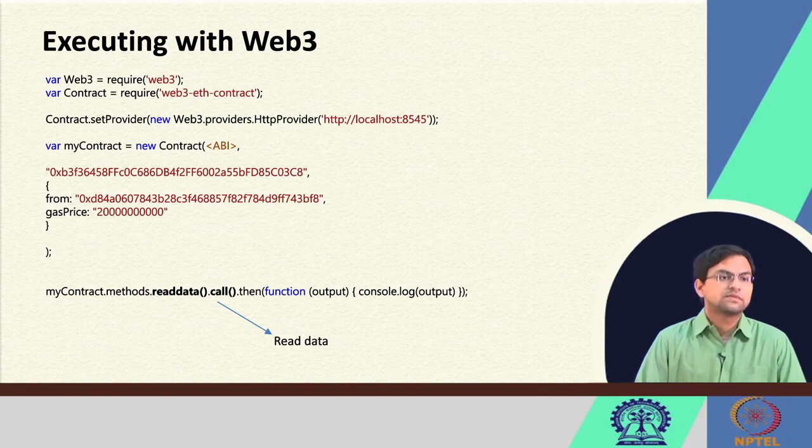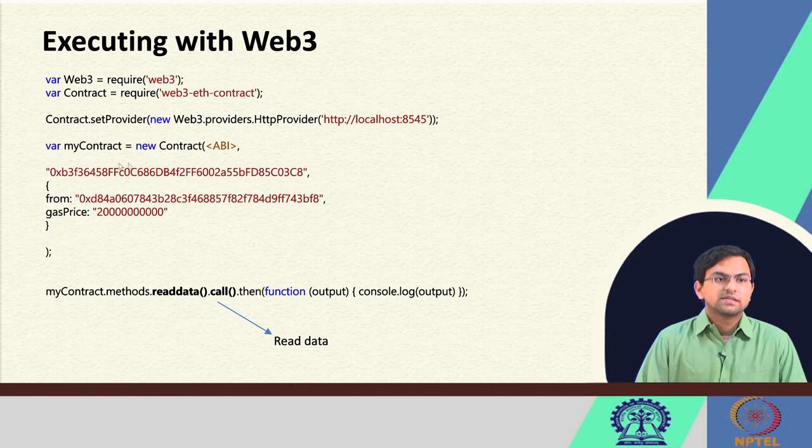The first lines import the Web3.js library and also Web3 Ethereum contract, and then we set the provider, which is the Go Ethereum client's endpoint that is listening for RPC over HTTP requests, as we discussed in the last lecture.